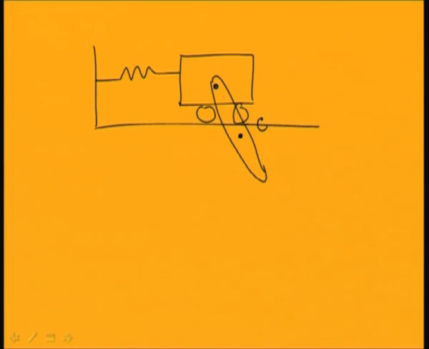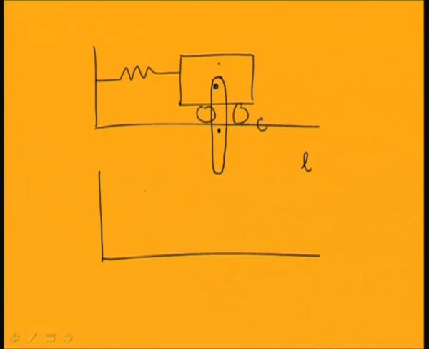For simplicity I have assumed this mass center is situated at L by 2 distance, where L is the length of the rod. When this body is not moving or not undergoing any vibration, this is the undeformed position, and the deformed position I will plot.